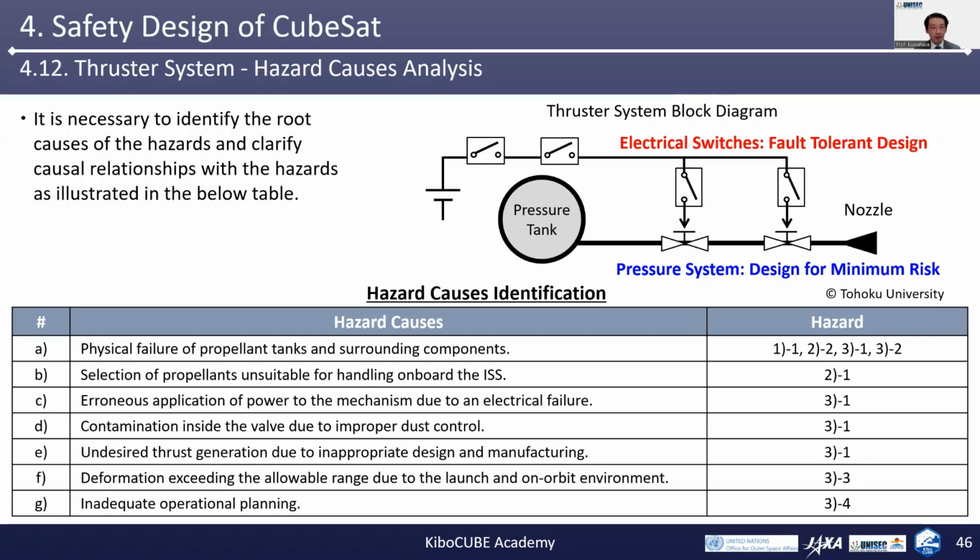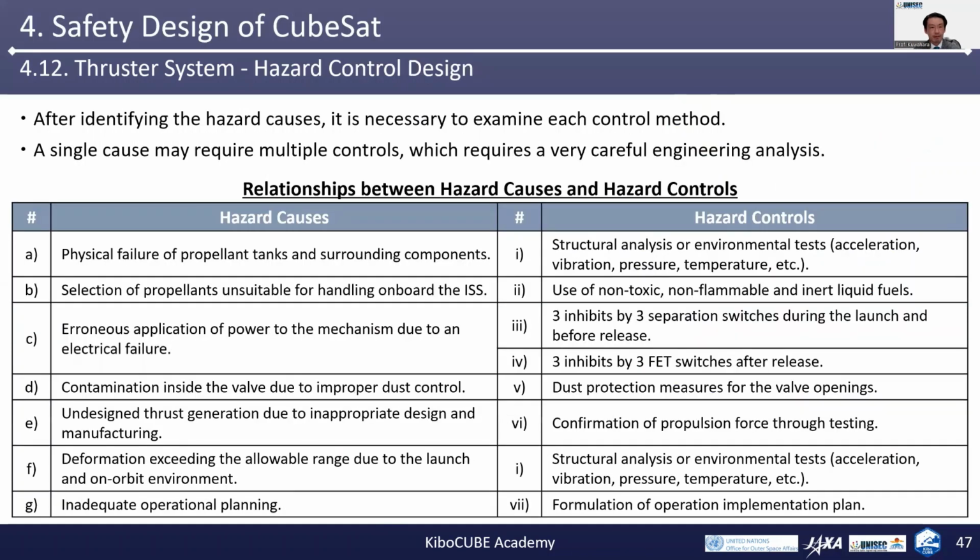So in this table, it is illustrated that one root cause can be the cause of more than one hazard in different phases. After identifying the hazard causes, it is then necessary to examine each control method of the hazard causes.